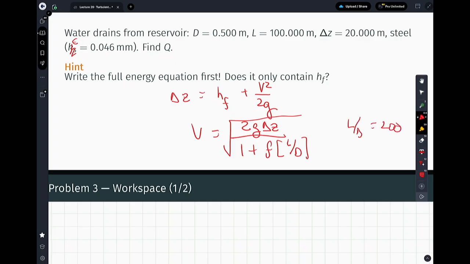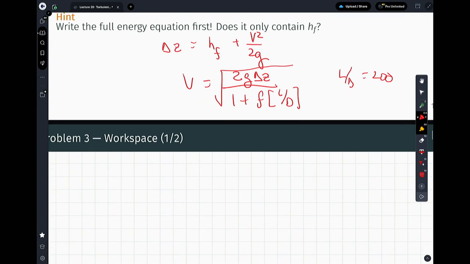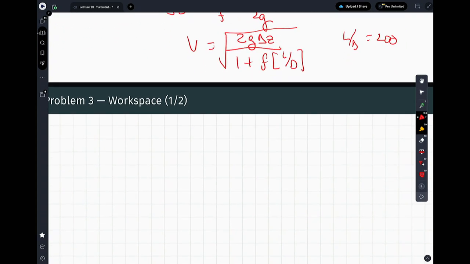All right, that's basically the whole step. And here I use Swamee-Jain. But I end up in a bit of a jam. And the reason I end up in a bit of a jam is that I'm going to do iterations. So guess F equals 0.02.